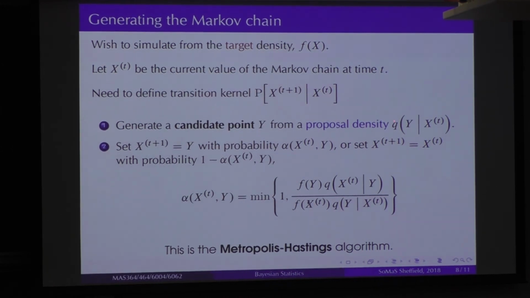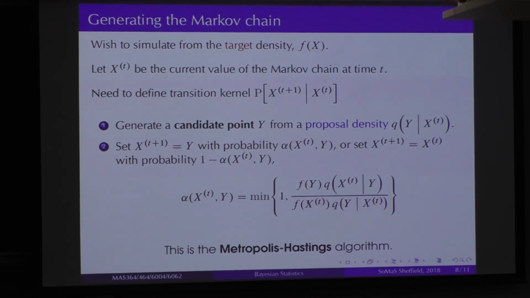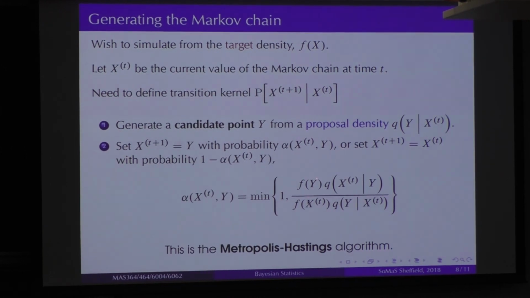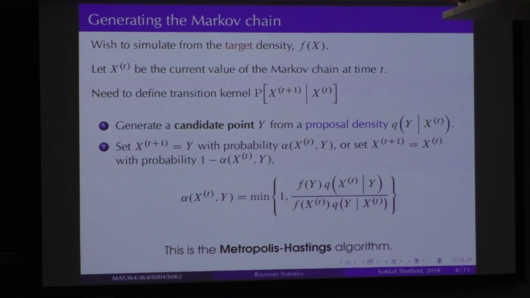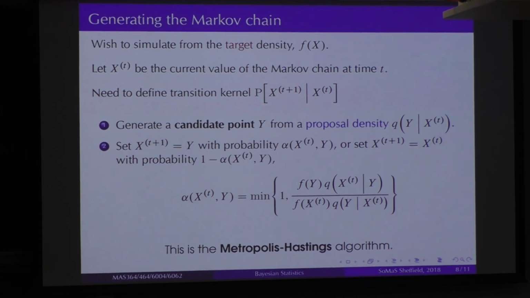We will generate a proposed value from this density, and then we will keep that proposed value with probability equal to this quantity here. So that is the ratio of the target density evaluated at the proposed value and at the current state of the chain, and then the ratio of the proposal density evaluated at the current state of the chain and at the proposed value. Okay?